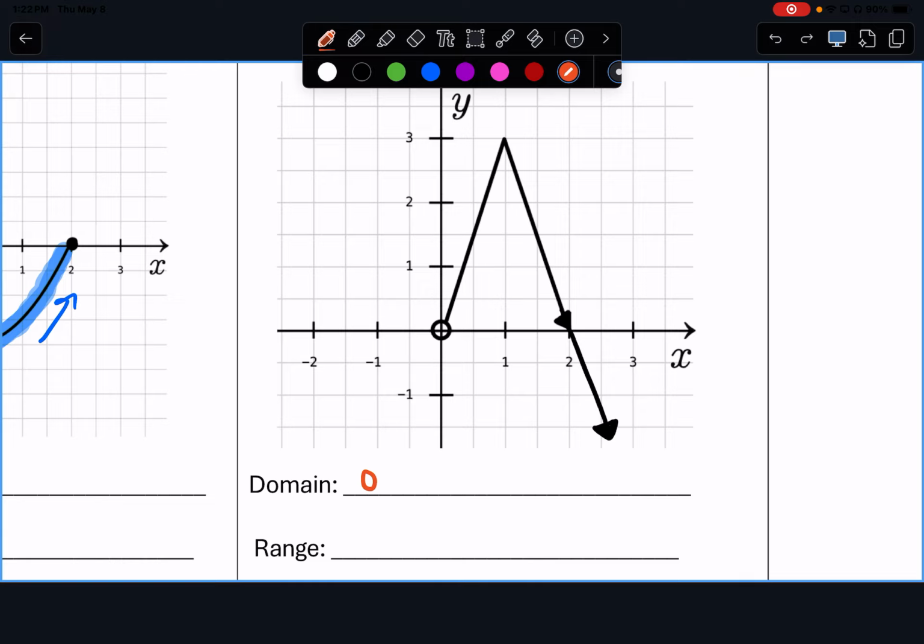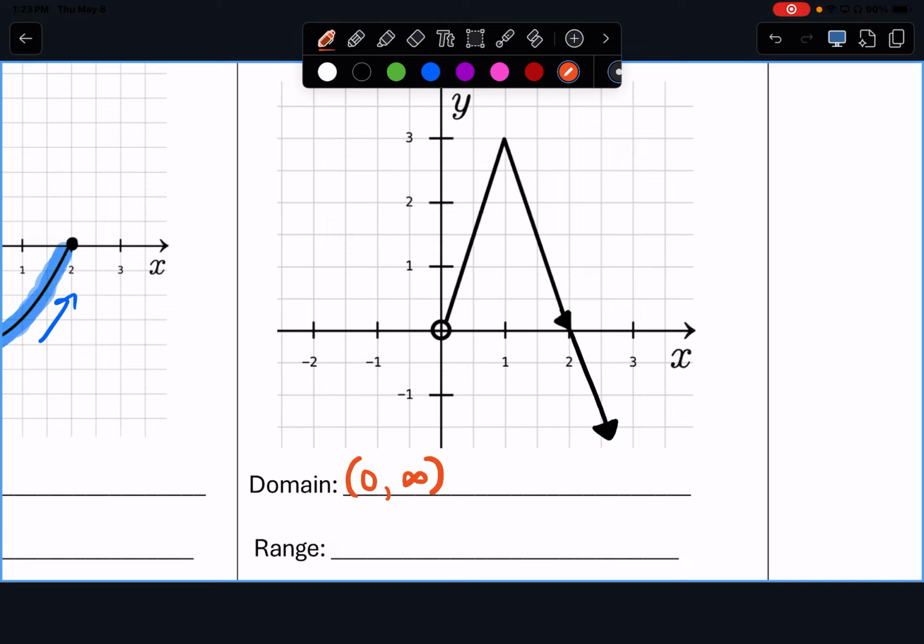So that means we're going to have to use a parentheses there. If it does not have that open dot, assume it is a closed dot. Now, how far to the right does this graph go? Infinity. It keeps going forever. So our domain is from 0 to infinity.